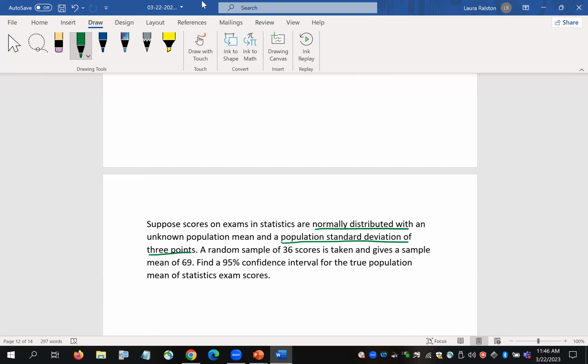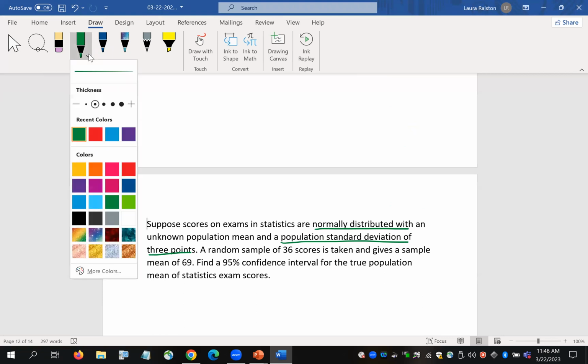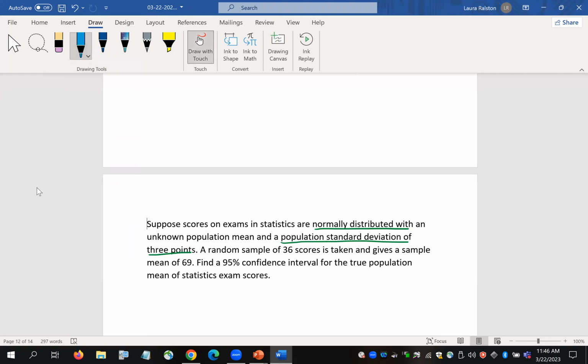A random sample of 36 scores is taken and gives a sample mean of 69. Find a 95% confidence interval for the true population mean of the statistic exam scores.